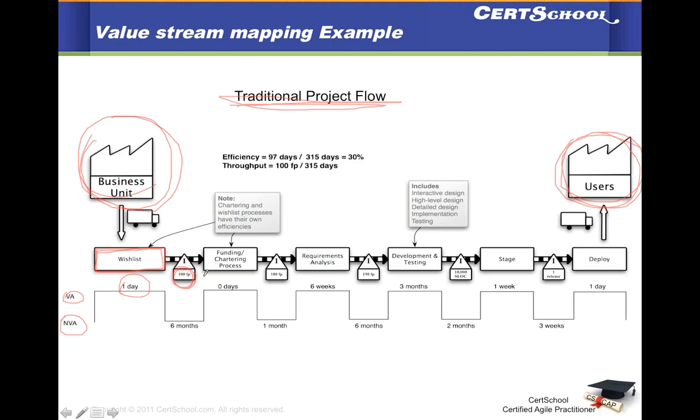In the process of converting those wish list items into those 100 functional points, to the point it can reach the right people who are ready to decide whether to fund the project or not, it takes 6 months. So this becomes a non-value add. Whatever time is spent between creating a wish list and finding funding for that implementation is a non-value add.